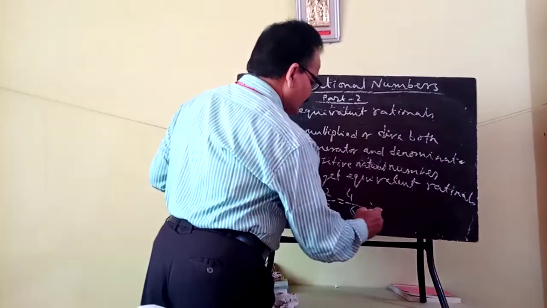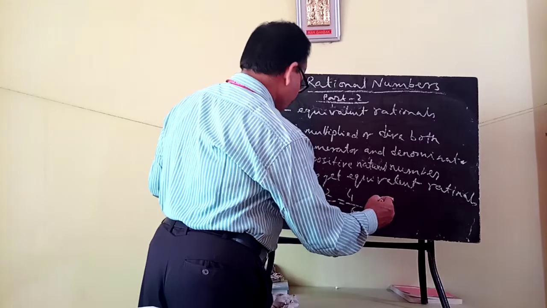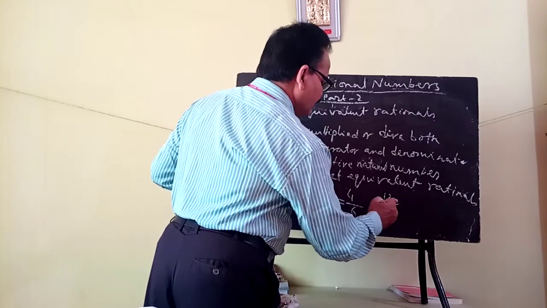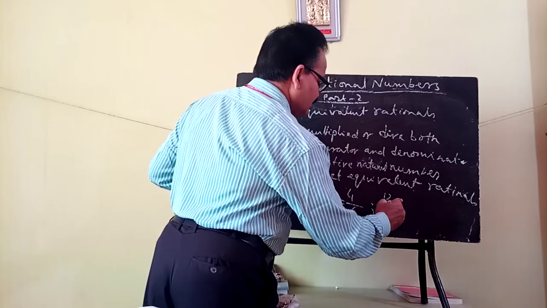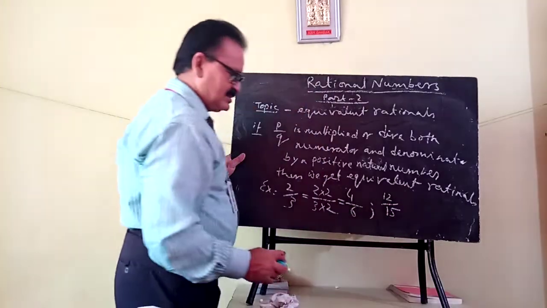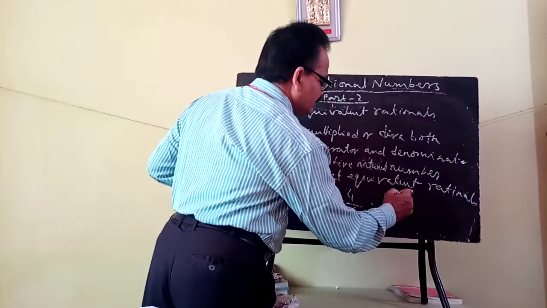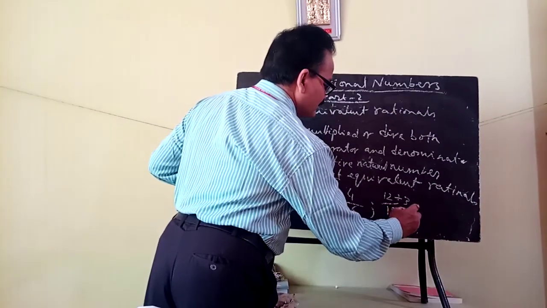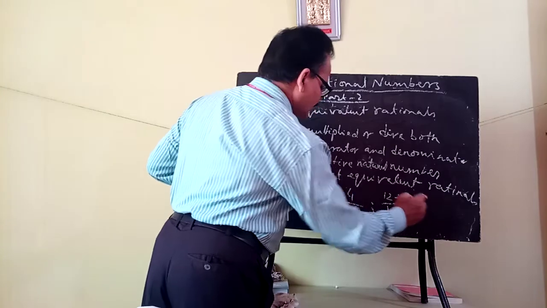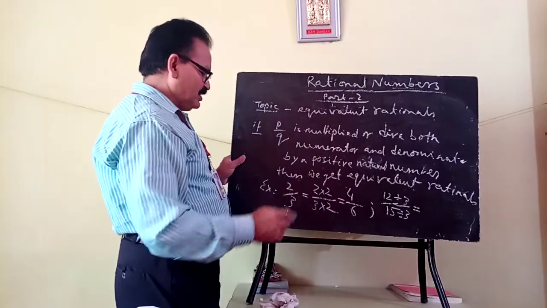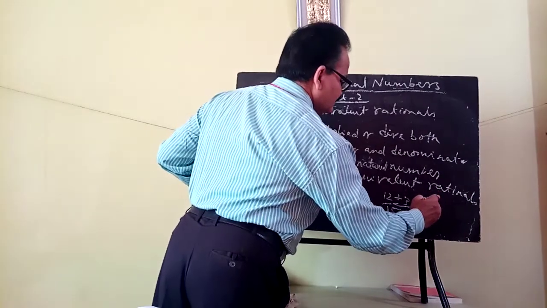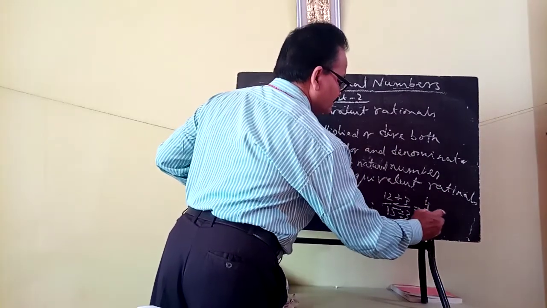Similarly, if you take 12 by 15, you can divide it by 3. If you divide by 3 in both numerator and denominator, you will get 4 by 5.